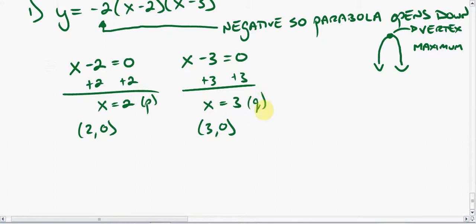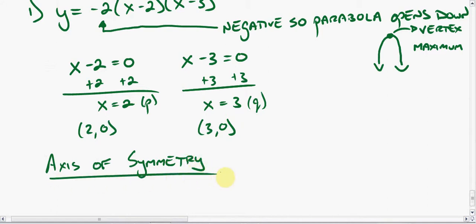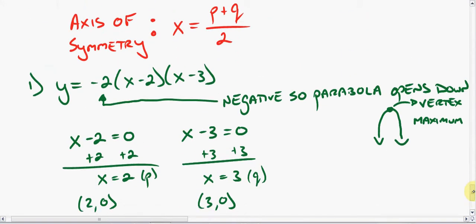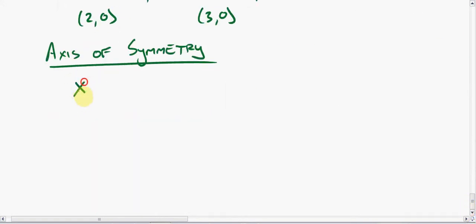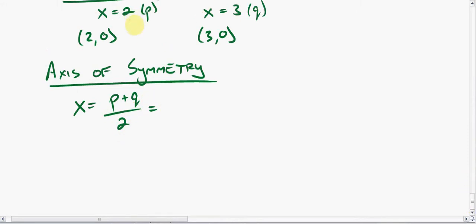Now we want to go ahead and find our axis of symmetry. And I gave you that formula right up here. X equals P plus Q divided by 2. I'll rewrite it. X equals P plus Q divided by 2. Our value of P is 2.